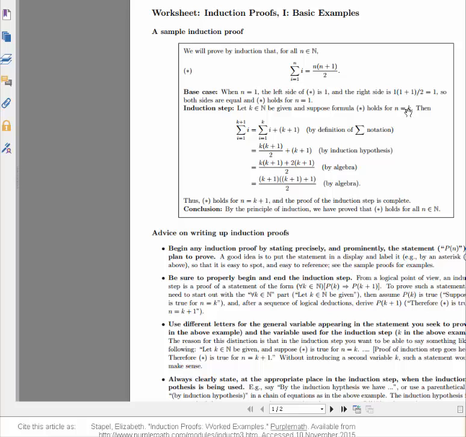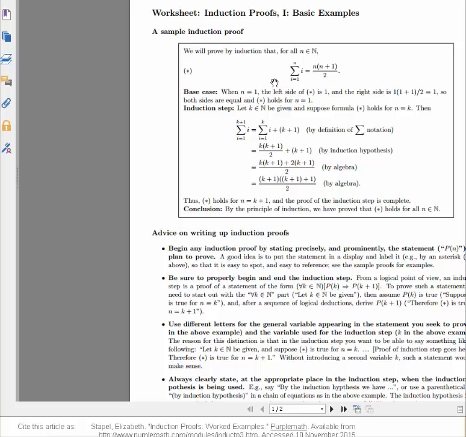Assume the formula is true for n equal to k. Then here's the left-hand side for k plus 1. And then work some algebra using the assumption that the formula is true for k. You get that the right-hand side with k plus 1 is achieved. Okay, so this is really the very same thing as the first example of Purple Math.